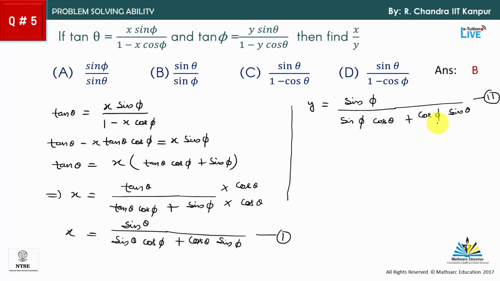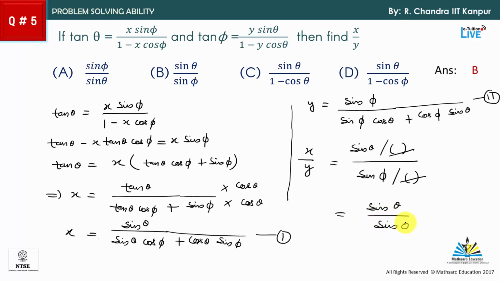So we need to find the value of x upon y. We will have sin theta upon the denominator divided by sin phi upon the denominator. These denominators are the same, so they cancel. Hence sin theta upon sin phi. So you can say B is the correct option for the question.